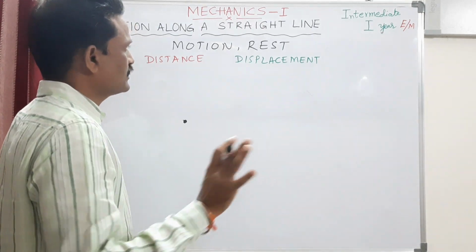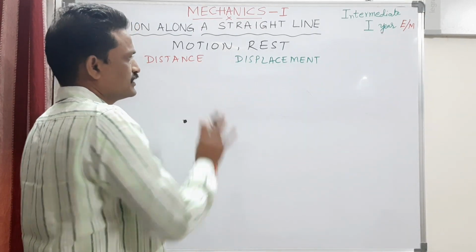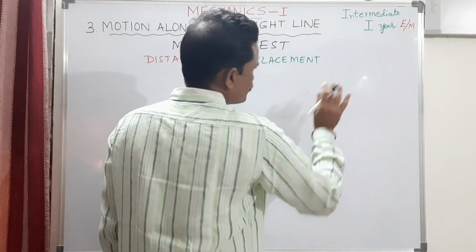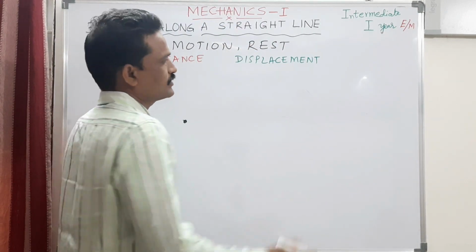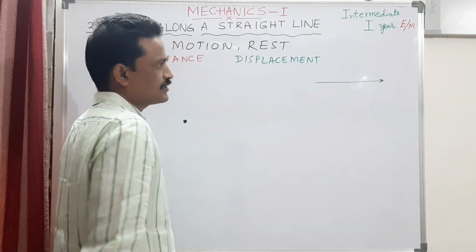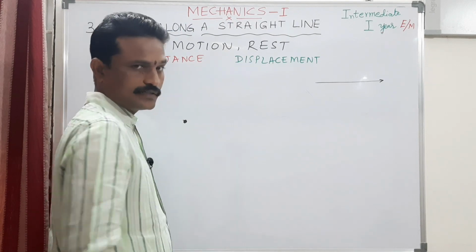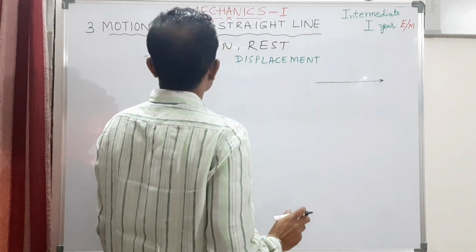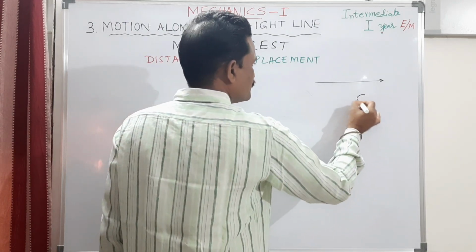In the case of a straight line motion, it is not possible. One thing you should remember, straight line motion is almost an impossible motion. You cannot go along a straight line. Nobody ever tries to move along a straight line. It is practically impossible. We see a motion along a straight line in the case of a freely falling object.